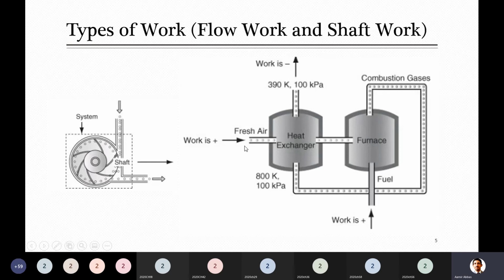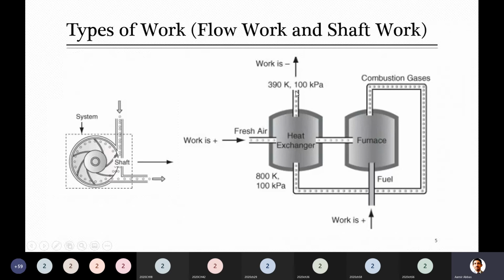So work is being done by pushing these gases into the system, and they are at high pressure and contain some volume. In the next slide we will look at the formula for how we can calculate this flow work, but here they contain pressure and volume, and they get into the system. Fuel is being pushed into the system from the surrounding. So this is the positive one.